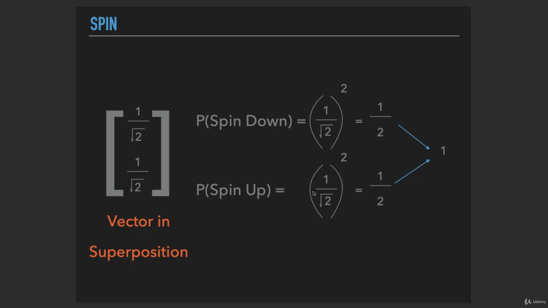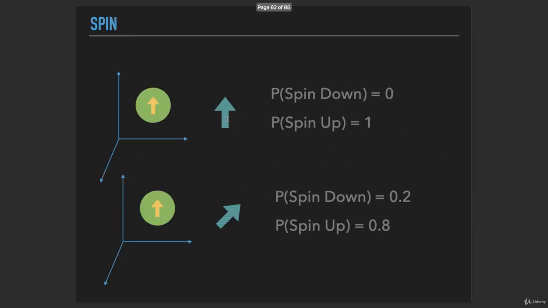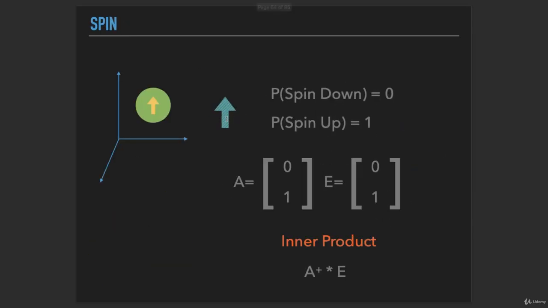You can just multiply some matrices in order to find the 100% probability, and we're going to use that kind of multiplication a lot, so that's why we are seeing this. It happens that we can represent the spin up state like this: 0 1, 0 1, A being the apparatus, E being the electron itself.